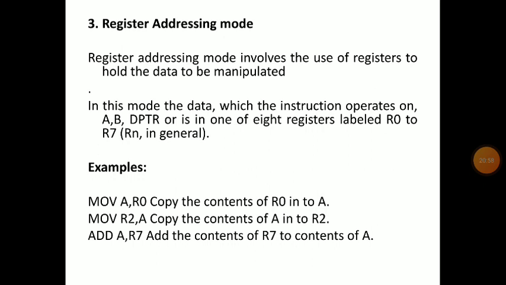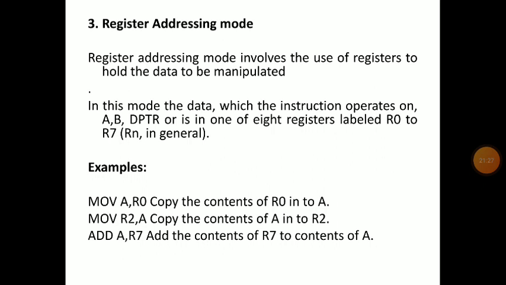Examples are MOV A, R0: copy the contents of R0 into the A register. MOV R2, A: copy the contents of A into R2. So both the source and destination are registers only, and the register sizes must match.